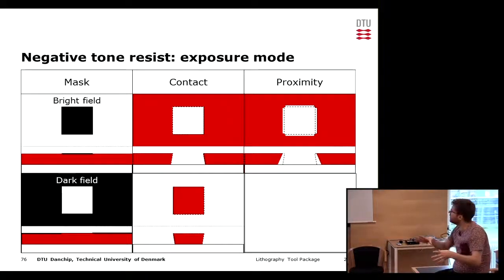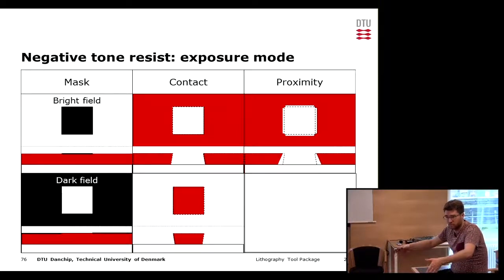It's actually because of this problem with the negative resist, that it cross-links, and if it doesn't cross-link enough, then it's eaten by the developer. So in this case, the diffraction makes the light bend below the chrome, but that also means that this light that goes below the chrome doesn't come from anywhere, right?